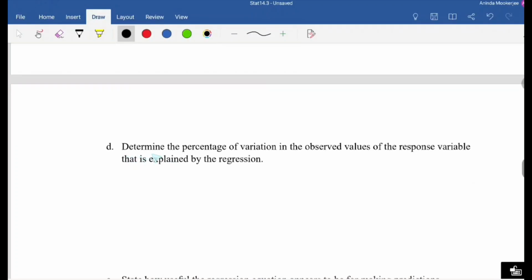Now over here, part D says determine the percentage of variation in the observed values of the response variable that is explained by the regression.